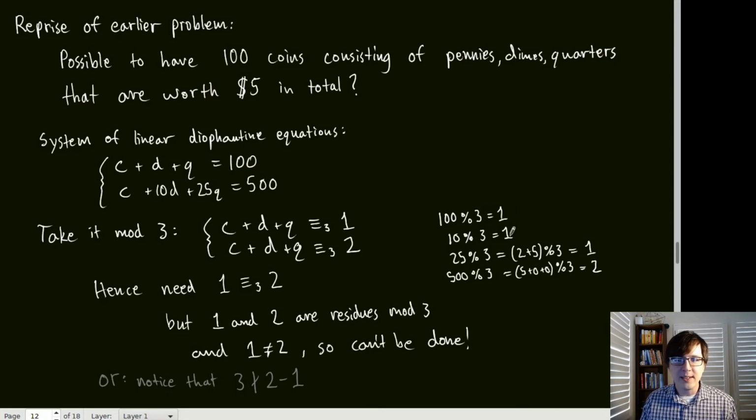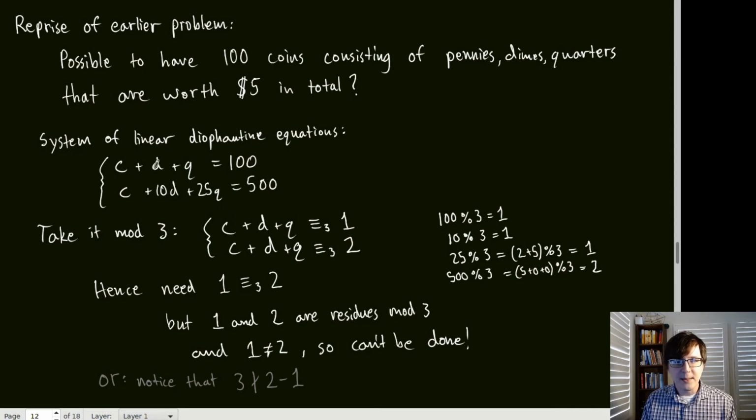And then 10 mod 3 is 1, and 25 mod 3, well, we can use our theorem just for fun, so that would be 2 plus 5 mod 3, adding the digits together, which is 7, and 7 mod 3 is 1. And then 500 mod 3, let's use the theorem again. It's 5 plus 0 plus 0 mod 3, and 5 mod 3 is 2.